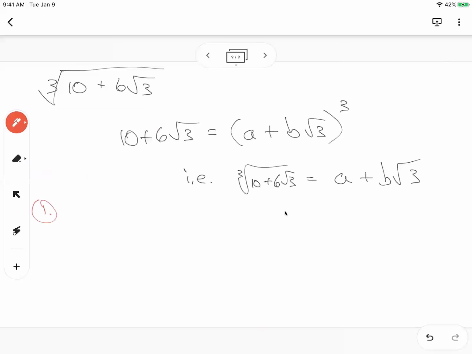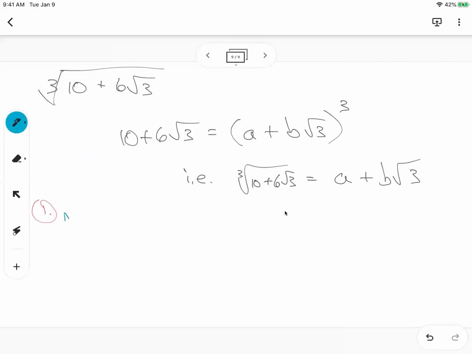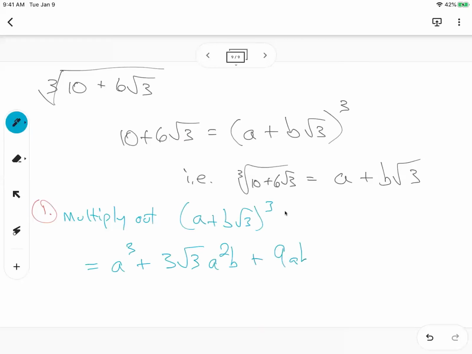First step, we need to multiply a plus b root 3 cubed. And what we get, believe it or not, I don't have that piece of paper right in front of me. We get a cubed plus 3 root 3 a squared b plus 9ab squared plus 3 root 3 b cubed.